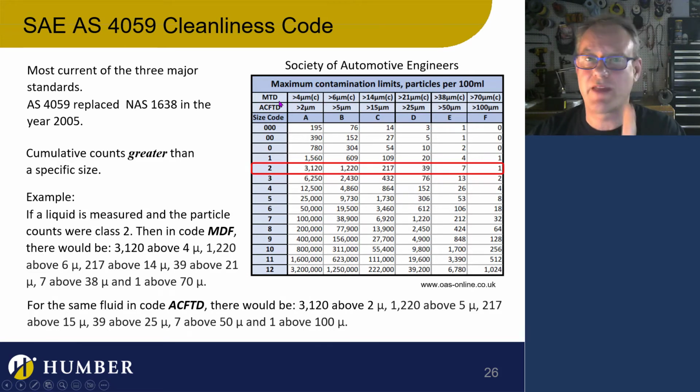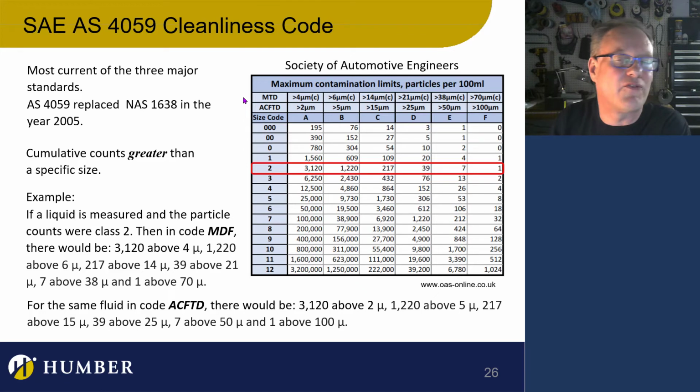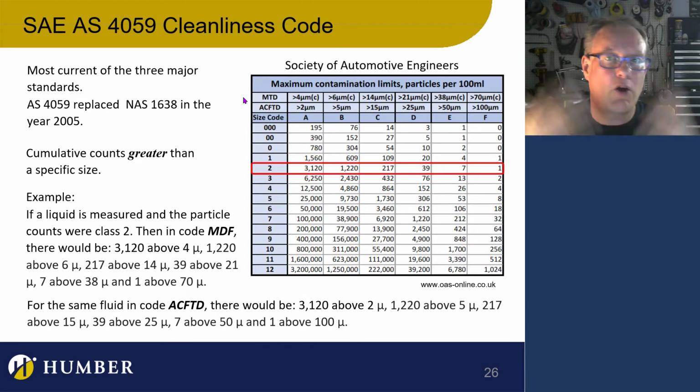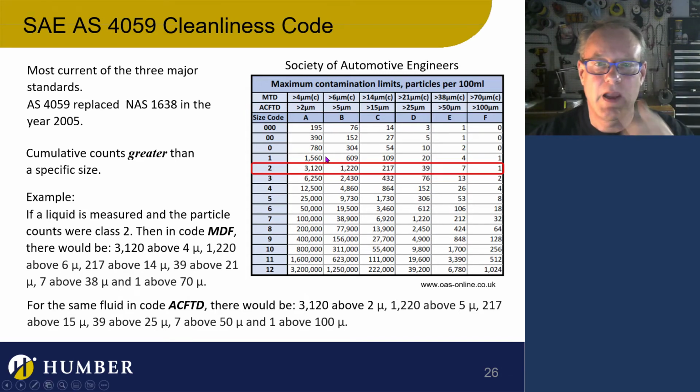Do not ask me why there are two different codes. I don't know. I understand fluid power, but all of this code stuff, again, it's not that important. You just have to be exposed to it so you remember this. I hope you remember something about what I'm saying.